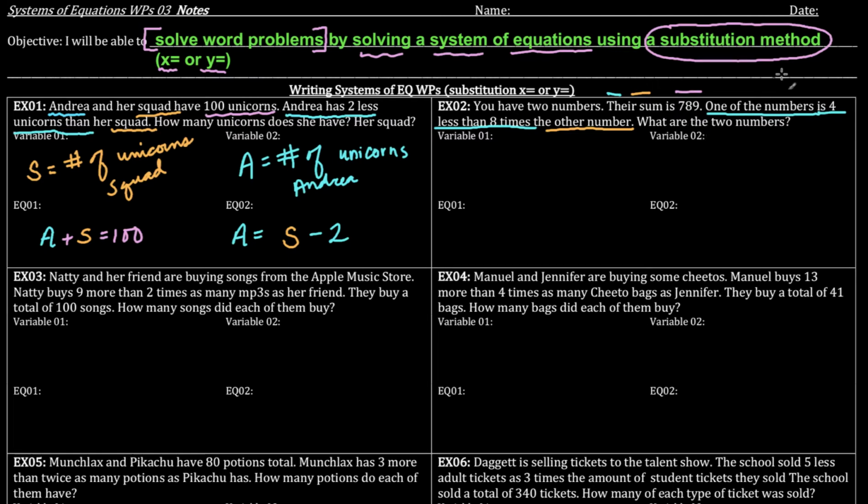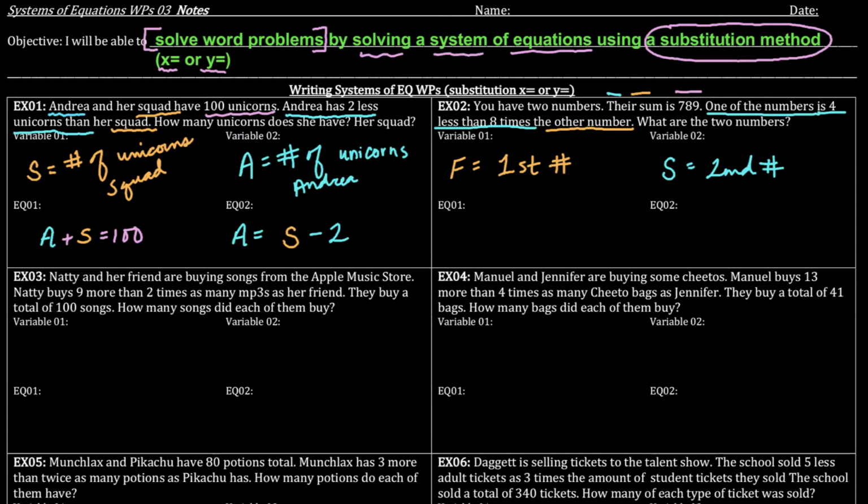So I guess I will use orange for the first number. I'll put F for first number. And then we'll put S for second number. It says together their sum is 789.